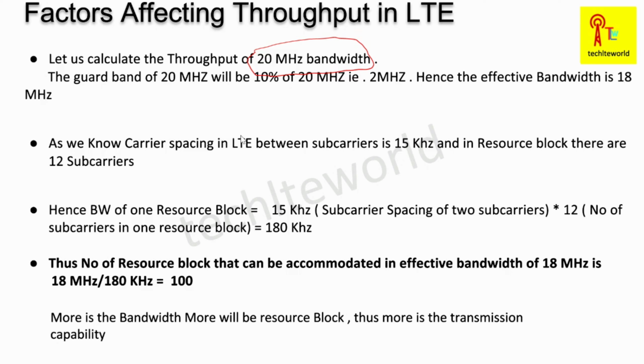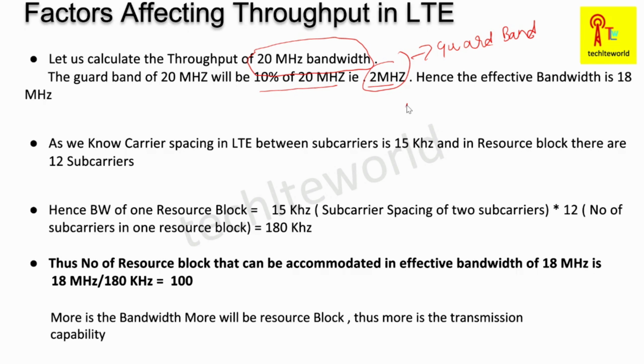If you take this 20 megahertz example and calculate the throughput, the guard band will be 10% of it. 10% of 20 megahertz is 2 megahertz, and hence this 2 megahertz will be the guard band, and the effective bandwidth which remains is 18 megahertz, right?